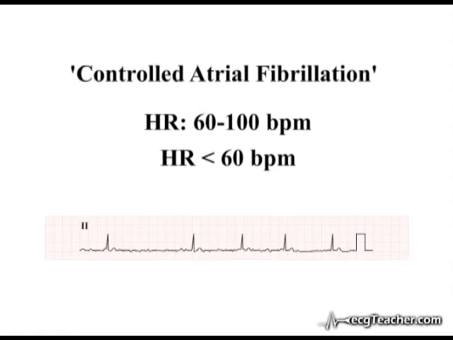In the absence of treatment, controlled atrial fibrillation is often observed in elderly patients. This is because in this age group, atrial fibrillation is frequently associated with significant underlying heart disease. In this situation, the AV node may be diseased, and transmission of atrial depolarization wavelets to the ventricles impaired.